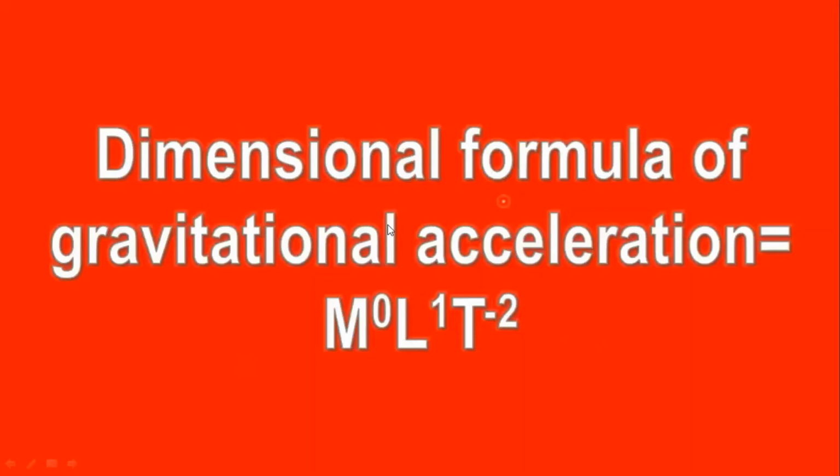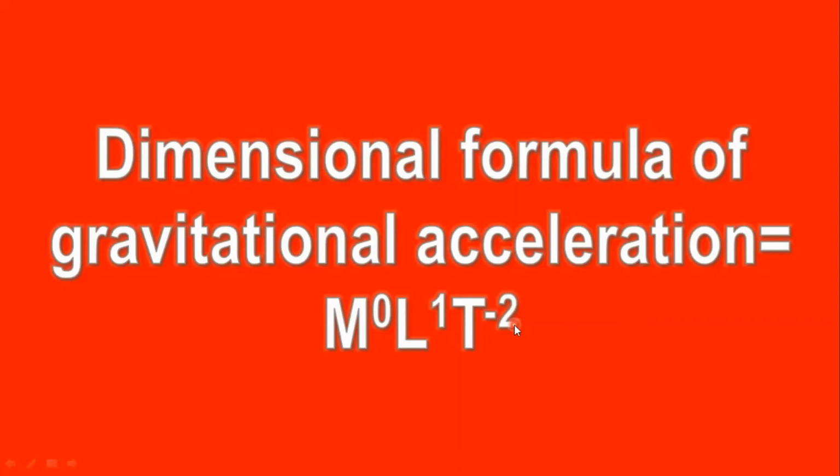The dimensional formula of gravitational acceleration has M to the power 0, there is no mass, and L is the dimension, that is the displacement, the distance, and T is to the power minus 2, because acceleration is defined as meter per second square.